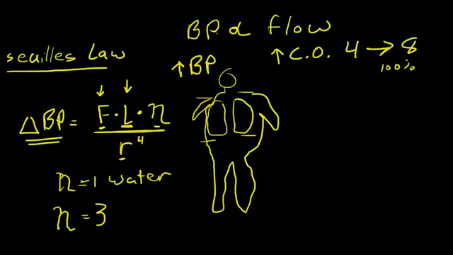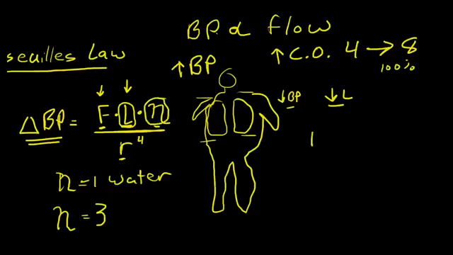So anyways, that's significant to know about, that if you have decreased length, you're going to have decreased blood pressure. And this is one component of why the pulmonary system is a low pressure system. Okay, so that's length.